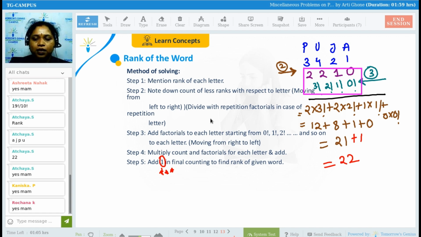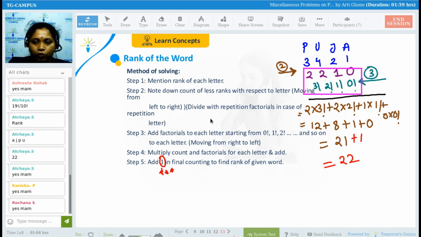Okay. Now what is the standard procedure of finding rank? Just have a look. If I am going with the standard procedure, first we have to write down all the letters in sequential order, like what comes first.